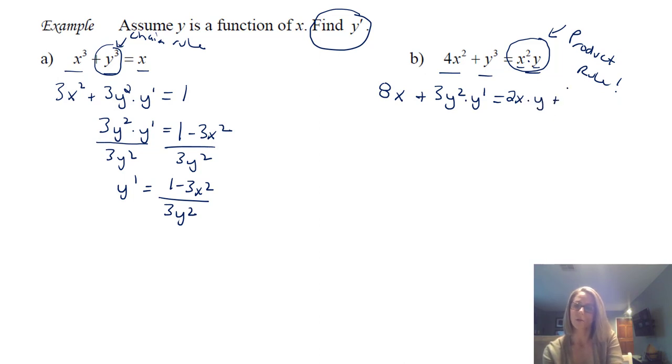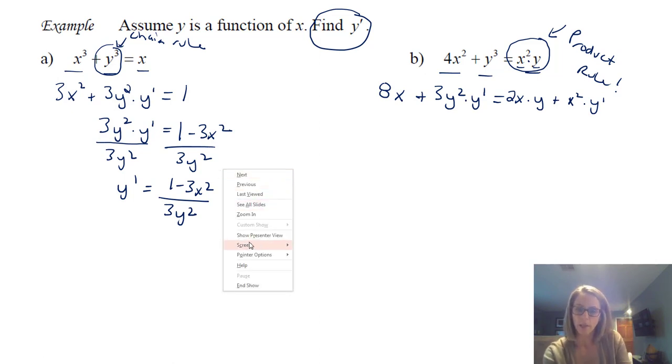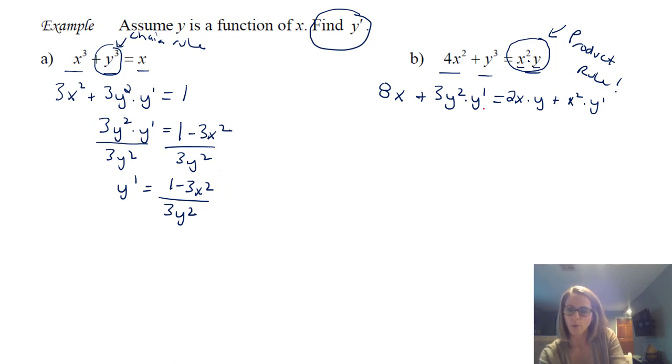Adding to that, the first piece, x squared, times the derivative of the second piece, which the derivative of y is not 1, it is y prime. So now we have everything laid out here, and we just need to solve it for y prime. So a key thing is anytime you see multiple y primes, so notice I have a y prime here, I have a y prime here.